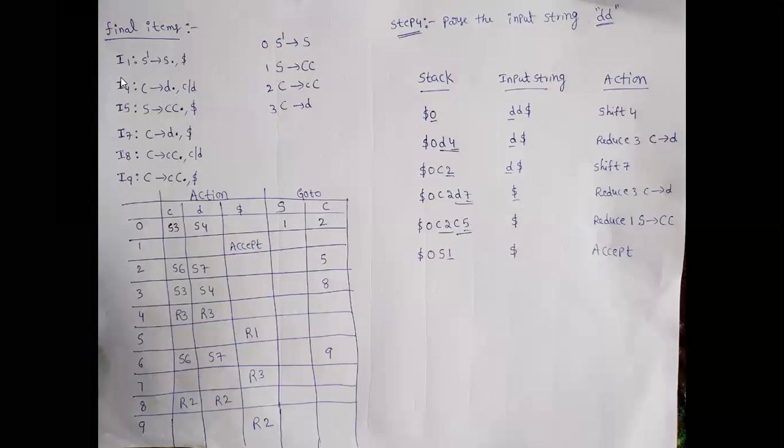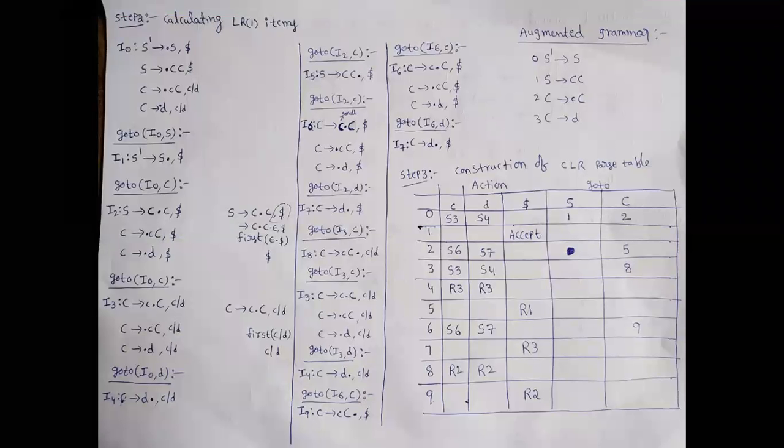So here we are considering I1 as the state. In this production, S dash production with S, what is the production number? 0. Okay. So in this 0th row, S dash production with S dot. In this production, I0 comma S, we are having I1.